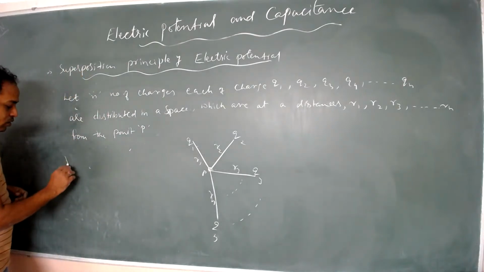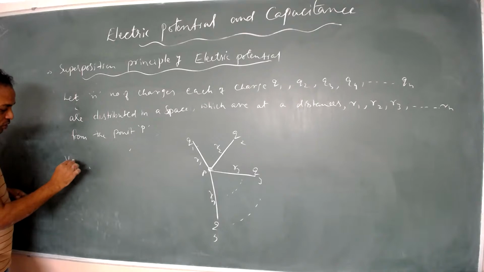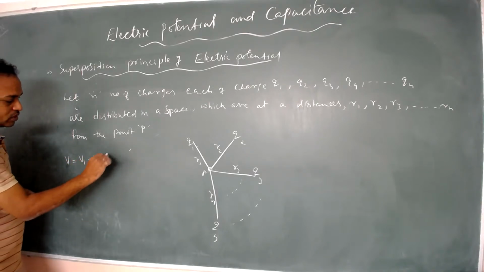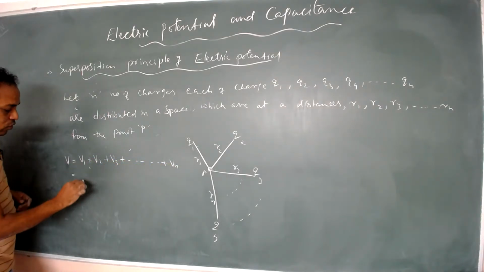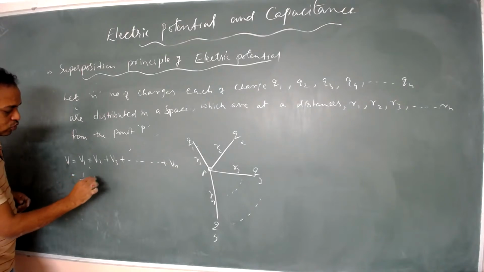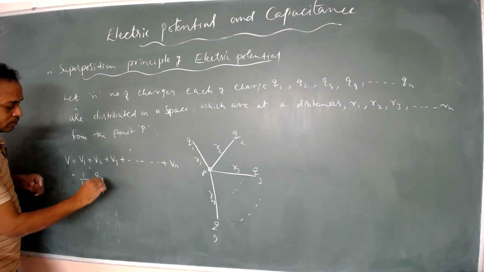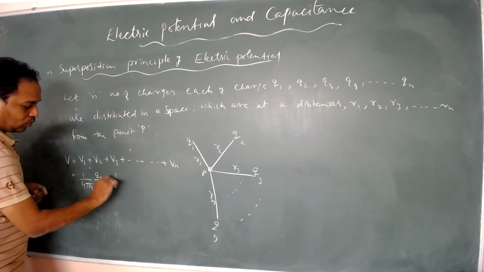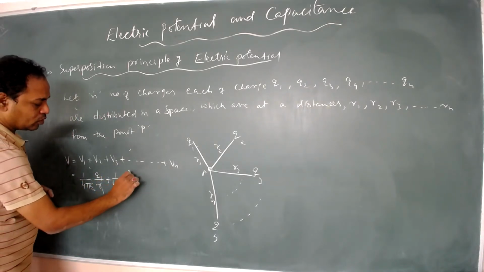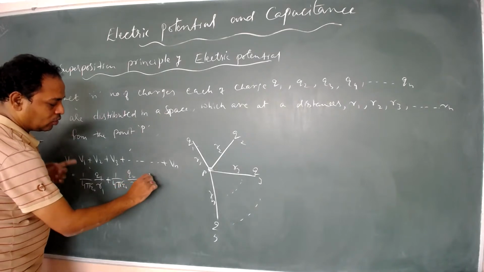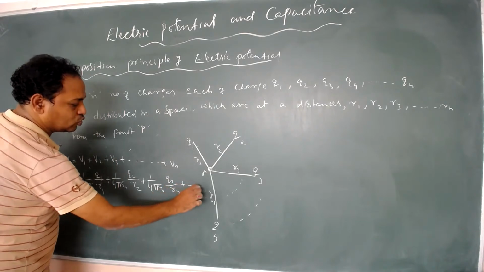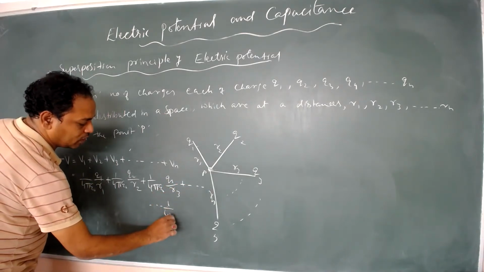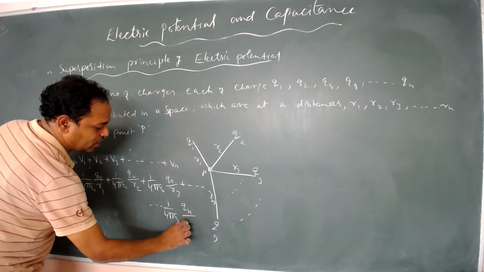Therefore, the potential at that point is given by V equals V1 plus V2 plus V3 and so on plus Vn. What is the given formula? 1 by 4 pi epsilon naught into Q1 by R1. Second one, 1 by 4 pi epsilon naught into Q2 by R2. 1 by 4 pi epsilon naught into Q3 by R3 and so on, up to 1 by 4 pi epsilon naught into Qn by Rn.